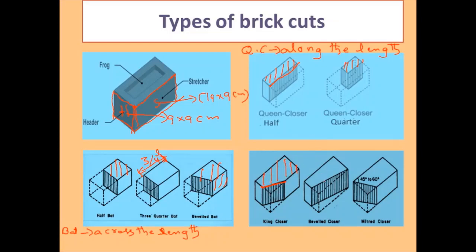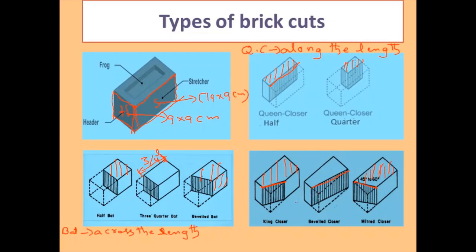And if you make a cut from the corner of the stretcher to the center of the header, then the portion of the brick is called beveled closure. And if you make a cut from the corner of the header to the center of the stretcher, then this remaining portion is called mitred closure.